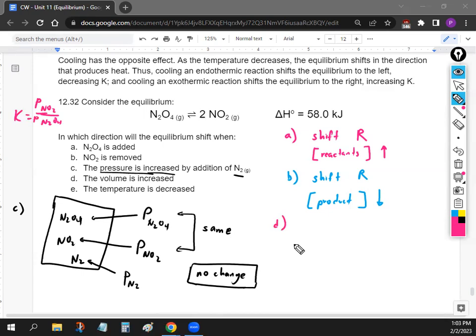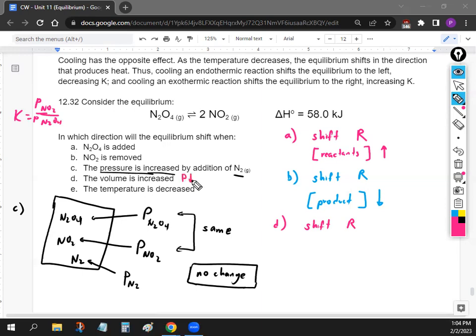Okay, let's go to part D. D is more manageable. Who thinks that it shifts left? Who thinks it shifts right? Yes, it shifts right. Great job, everybody. If the volume increases, what happens to the pressure?